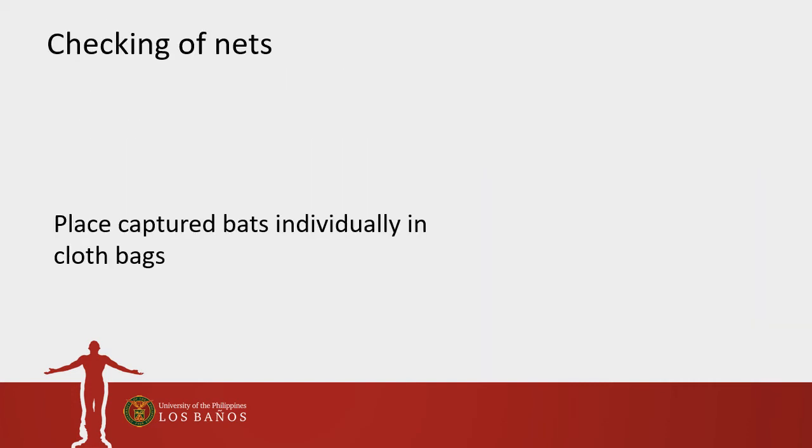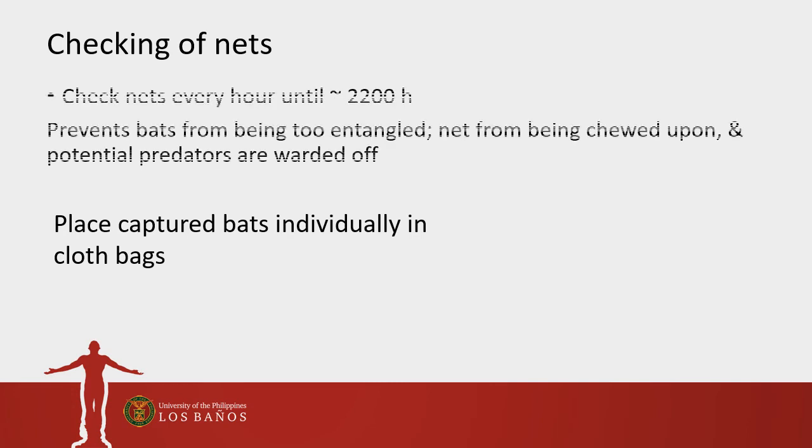After net watching, or when it gets dark, you will observe that captures will then be consisting mostly of fruit bats. Fruit bats have to be removed immediately also. This prevents bats from being too entangled, nets from being chewed upon, and potential predators are warded off.